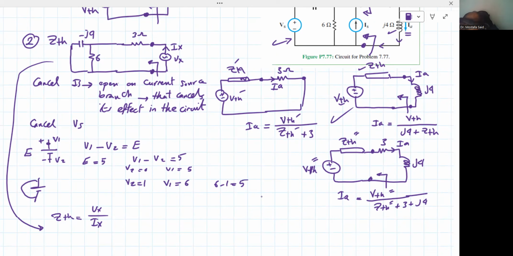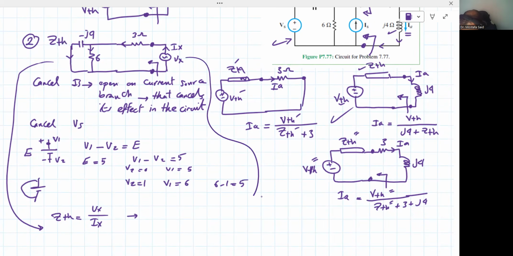So we don't know Vx, and by the way, we don't know Ix, but we can get Ix in terms of Vx. So what is Ix? Ix is the current flowing here and then divided here, right? So I'm gonna draw this circuit in another way.